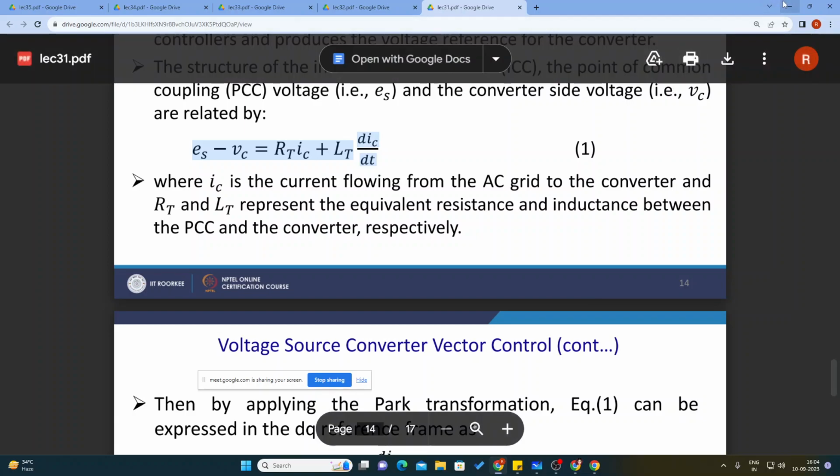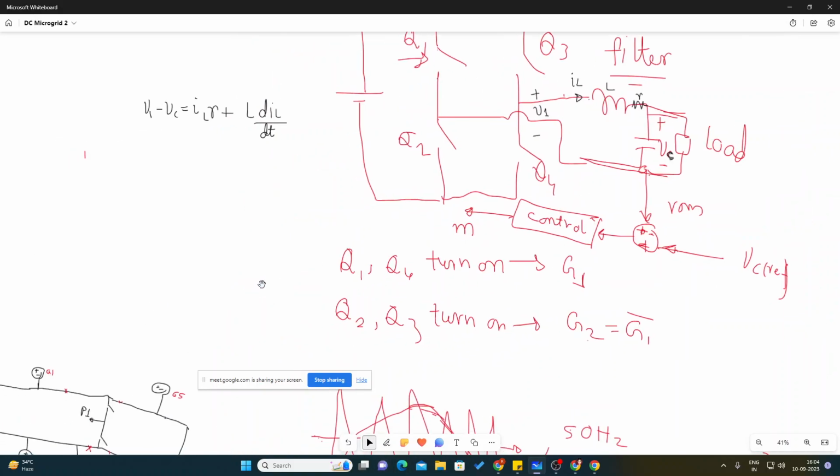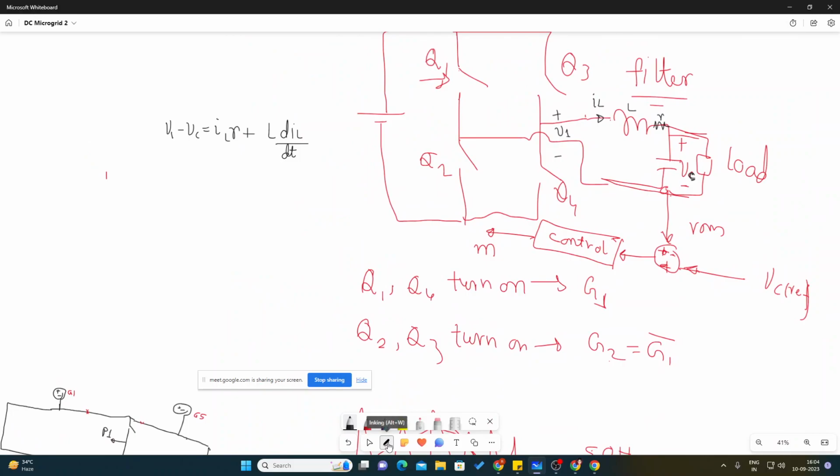Now what is Park transformation? It's not mentioned in the lecture. In machines, mostly in synchronous machines, we represent the current in terms of its in-phase or direct component and a quadrature component, right?